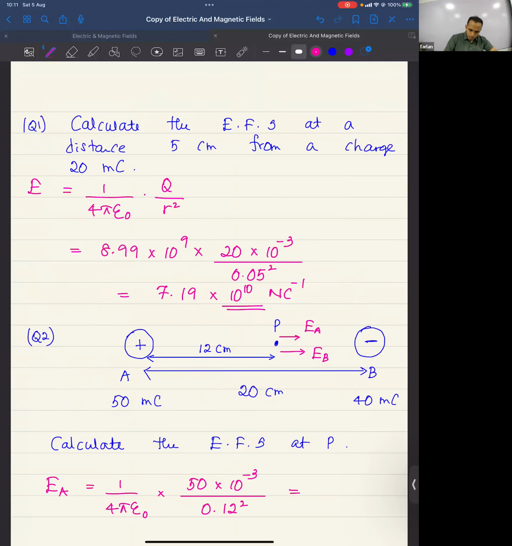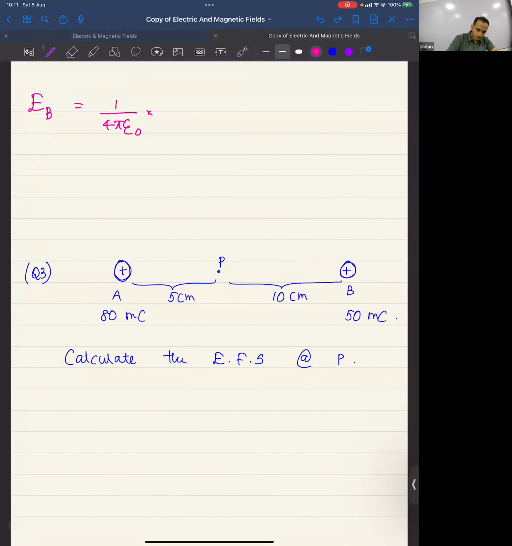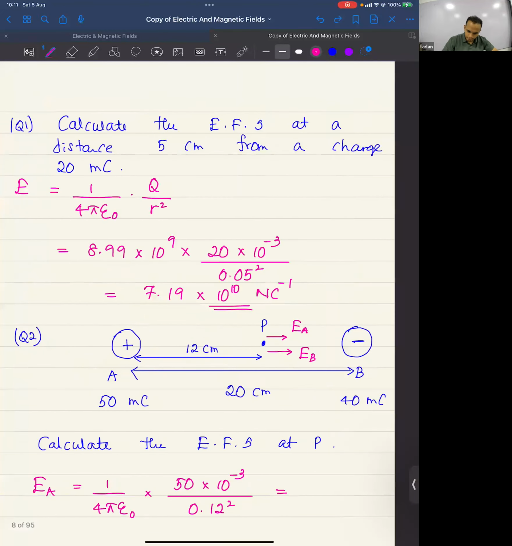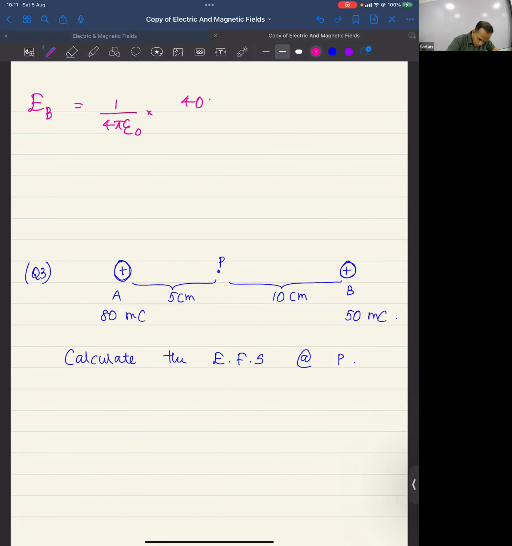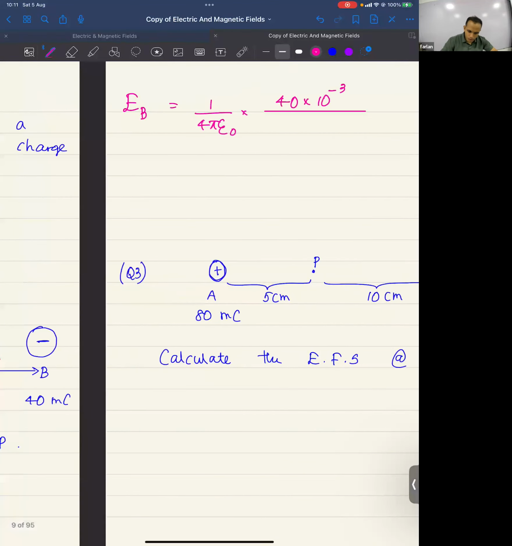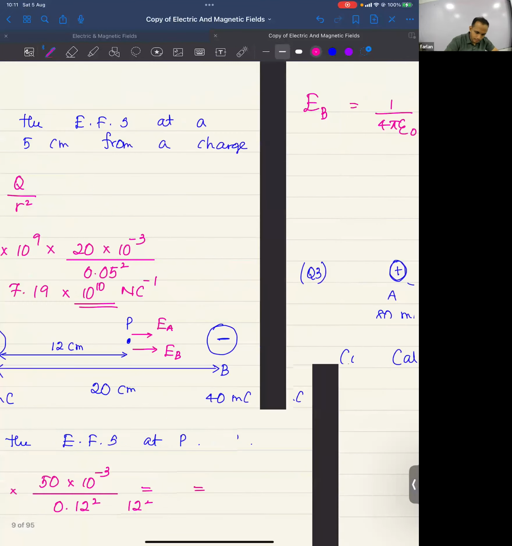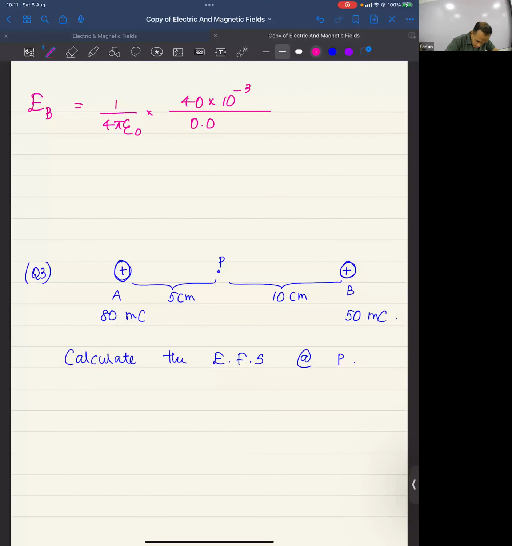Now P to B, what is the distance? P to B, 20 minus 12, 8 centimeters. So it will be Q is 40 millicoulombs, 40 into 10 to the power minus 3, over R square. The R is 8 centimeters, 8 is 0.08, and that squared.